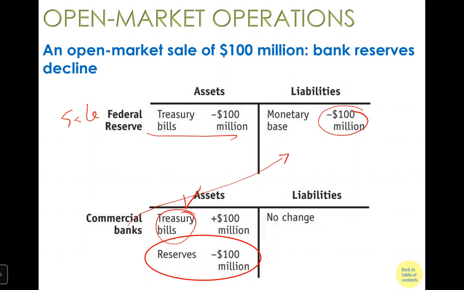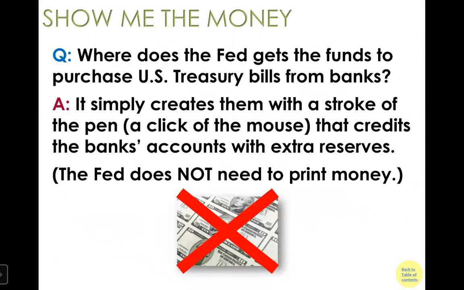On the other hand, if they purchase treasury bills, the Fed is going to increase its holding of treasury bills. The way they pay, or where does the money come from? They are going to give or add some reserve to the bank who sold the treasury bill to the Fed, right? Or to summarize, essentially the Fed is simply, with the stroke of a pen or the click of a mouse, just changing their T account, right?